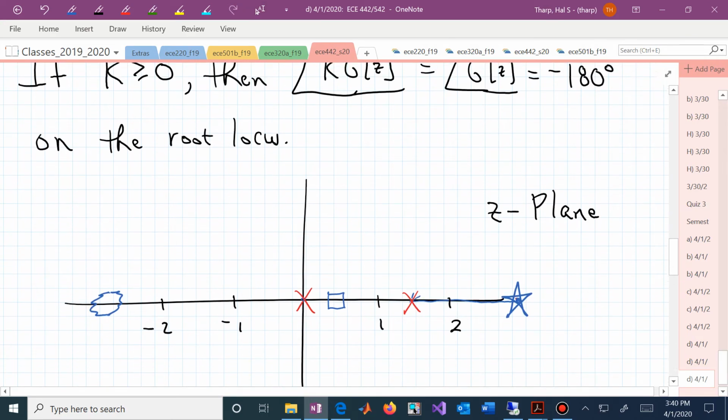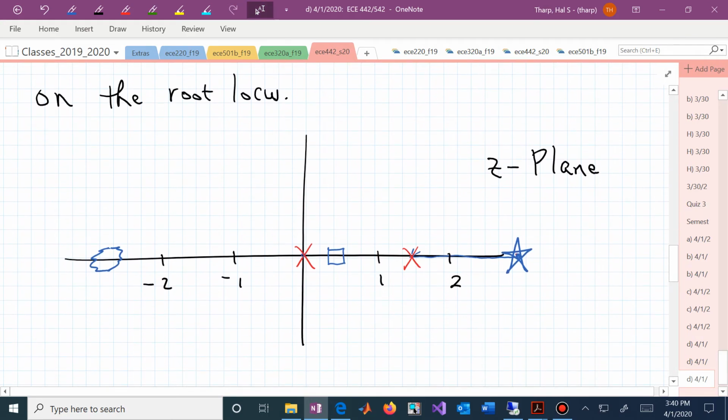What about the box? Now the box, what angle does the pole at 3/2 need to look through? Well, now the angle is measured relative to the positive line segment moving in the real direction.